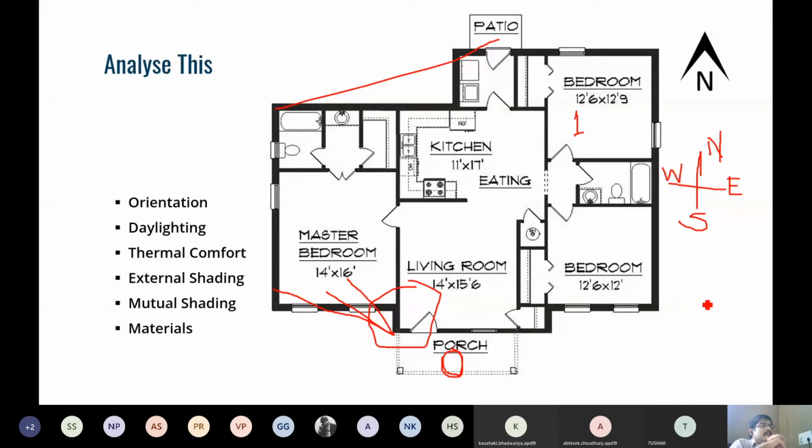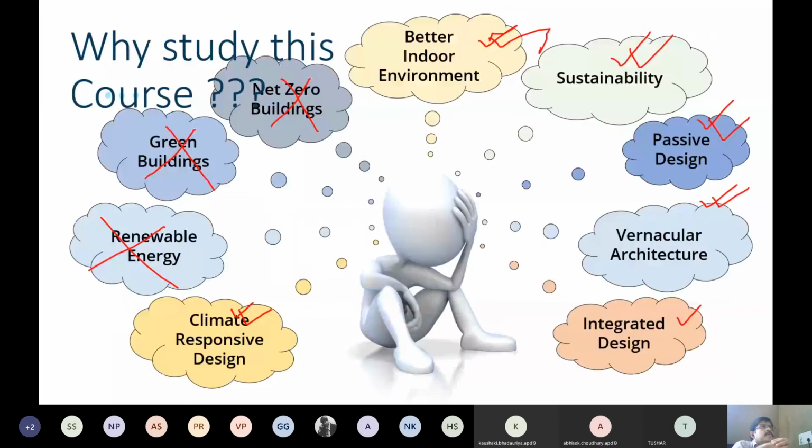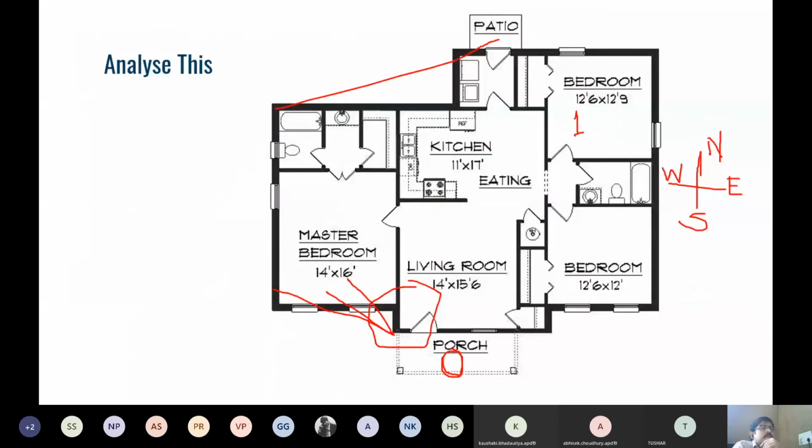What about the materials? We don't know about the materials here. But does the material matter when you are talking about climatic architecture, or, as I said in the previous slide, climate responsive design? Does the construction material matter? Yes, sir, of course.